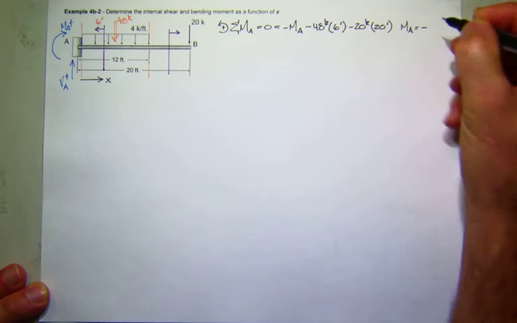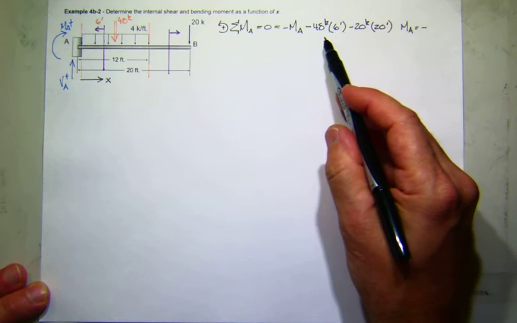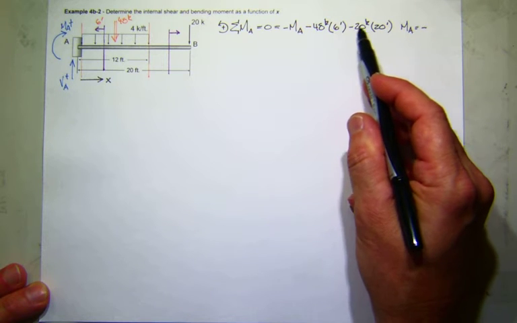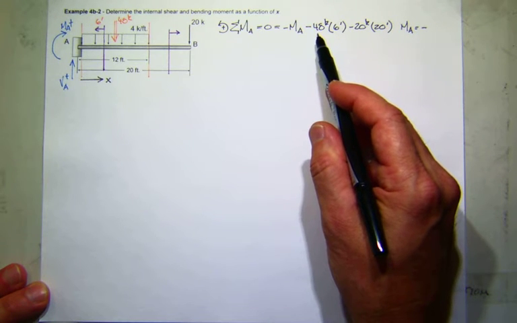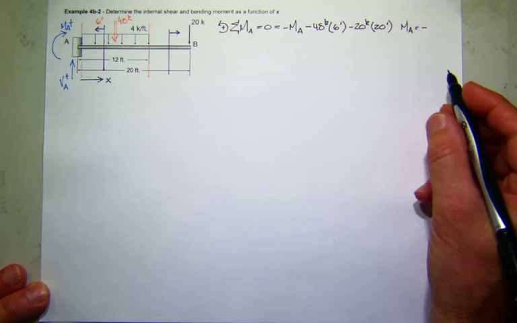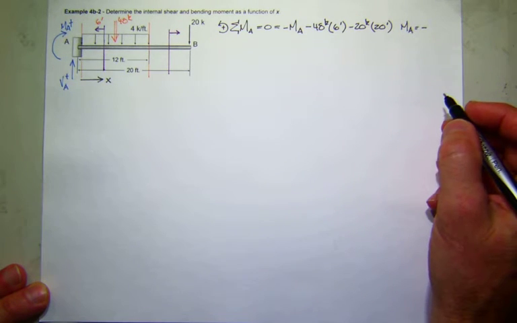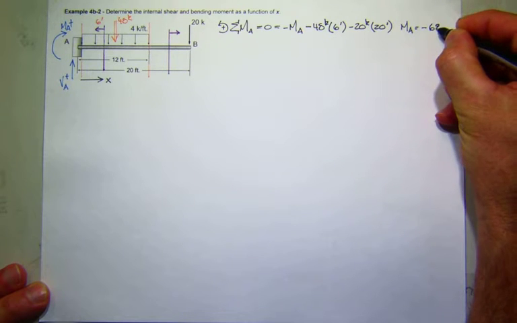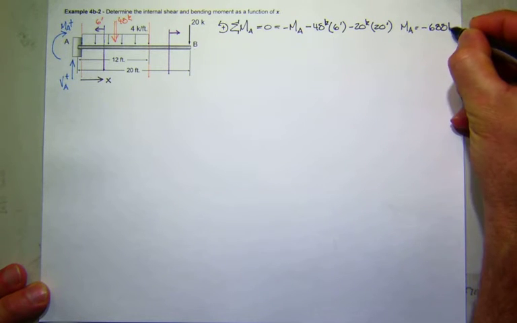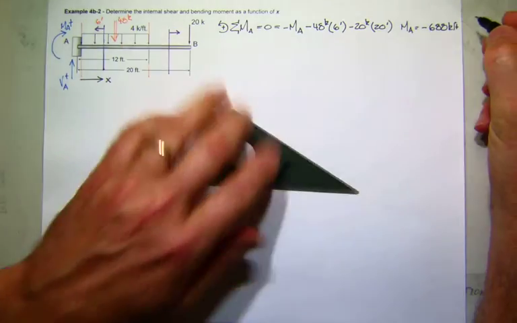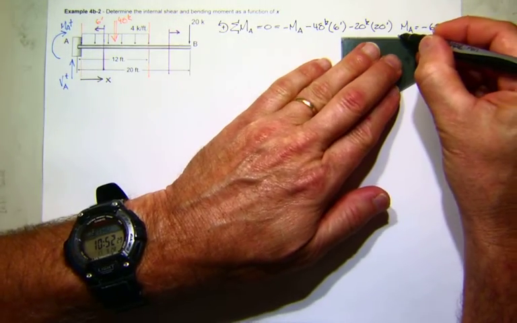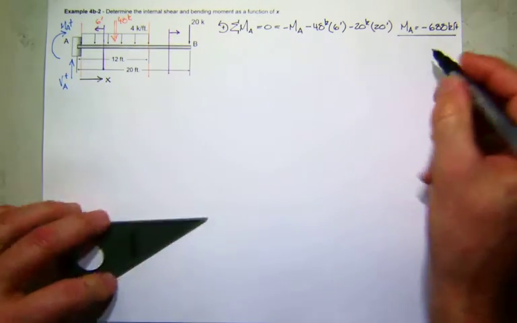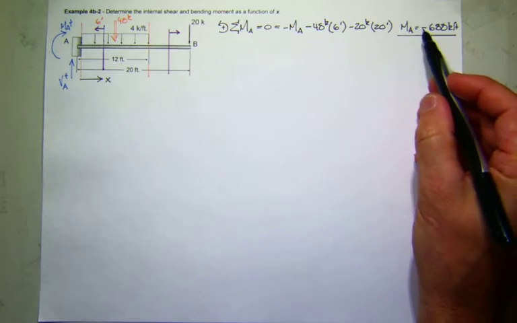It looks to be negative. That's 400, that's 288, 688. Yes. Kip feet, and it's negative. So what does that mean? What's my bending moment at A? Negative.